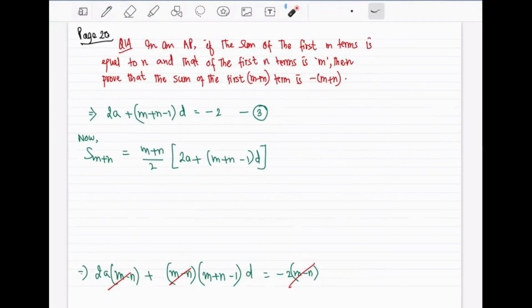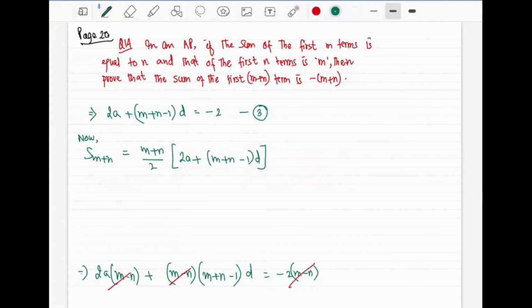Okay, the thing is, why we went to all the trouble in taking out m minus n common factor and then canceling it out in the previous 6-7 steps is because we want to obtain the value of this. Because this value is here, look, exactly the same, right? So we can replace the value of this as minus 2.